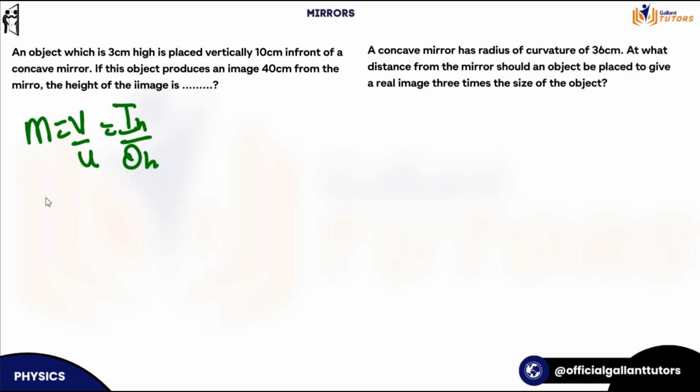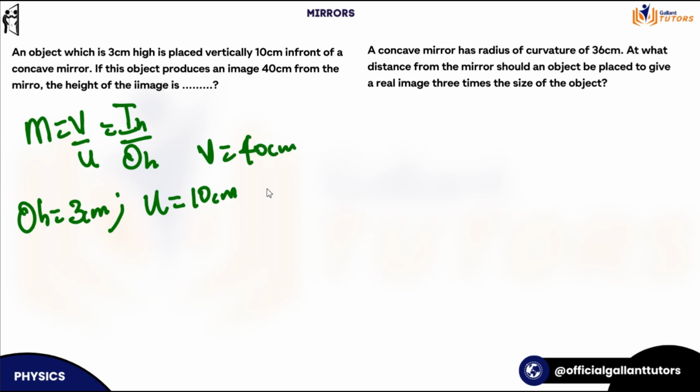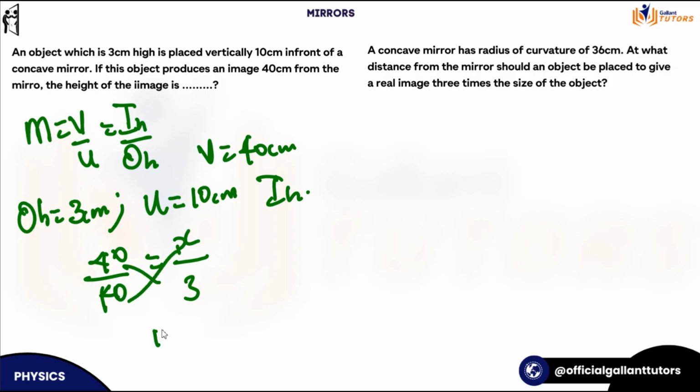From this question, the object height is 3 centimeters, the object distance is 10 centimeters, and V is 40 centimeters. We've been told to find the image height. So just input this and cross multiply and get your answer straight up. No stress. So 40 divided by 10 is equal to x over 3. So we have 10x is equal to 120.